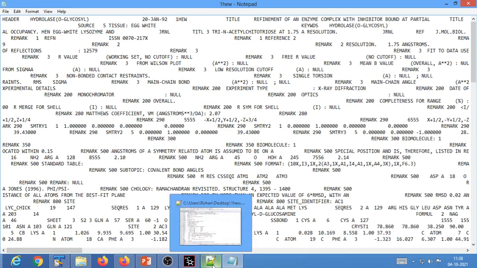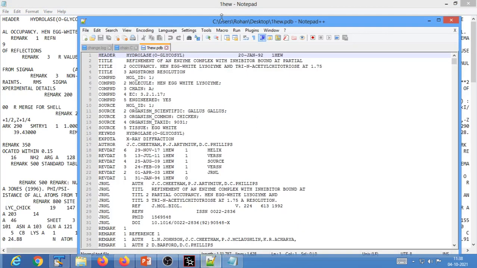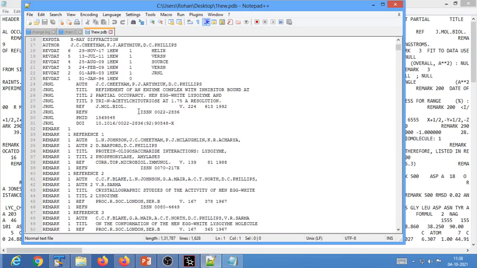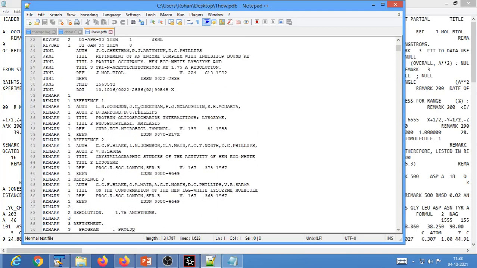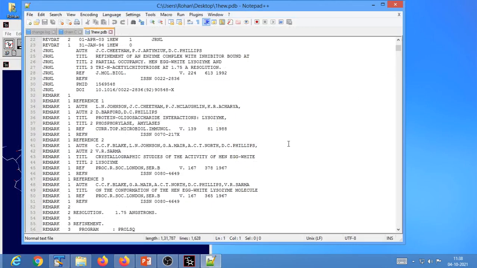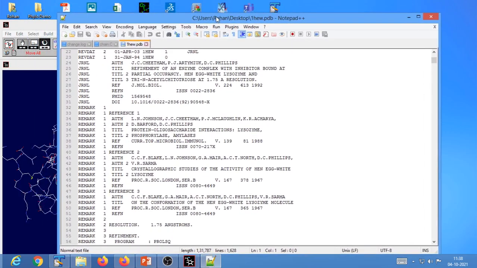But if you open it in some advanced text editor like Notepad++ or TextPad, the same file would appear something like this. Now it appears to be quite organized, and you can make out what exactly is written. That is why we require some text editor.